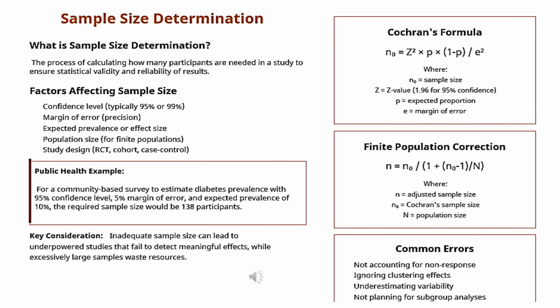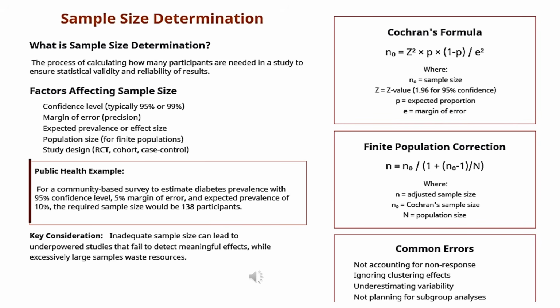Okay. Then common errors to avoid include not accounting for non-response, ignoring clustering effects, underestimating variability, and not planning for subgroup analysis. And all these will impact the final study result and may affect your study design.